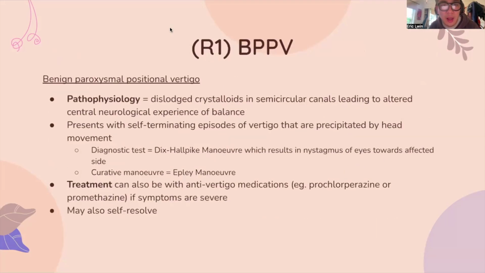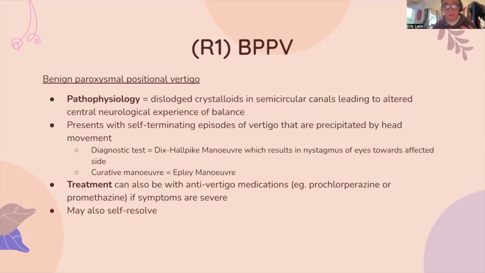Not super fun. The next one is BPPV, which stands for benign paroxysmal positional vertigo. This is caused by dislodged crystalloids in the semicircular canals, which lead to altered central neurological experience of balance. So in a less verbose way, essentially your semicircular canals in the ear are responsible, I guess, for when you move your head, the crystals in your semicircular canals also shift, which gives you an idea of positioning and balance.